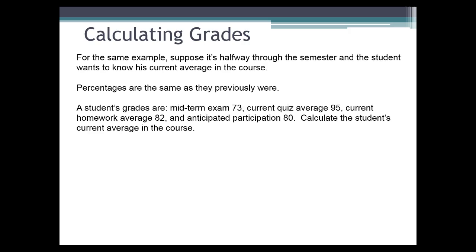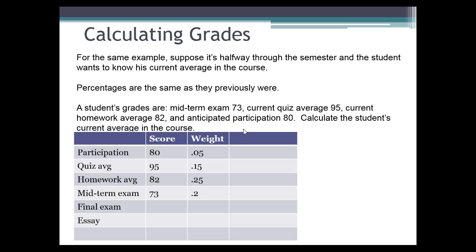For the same example, students always want to know, what's my current average? So here's how you do that. If you ever want to calculate your average, here's exactly how you would do it. So you don't need to ask me. So here's what the student has so far. And how do we find the student's average?